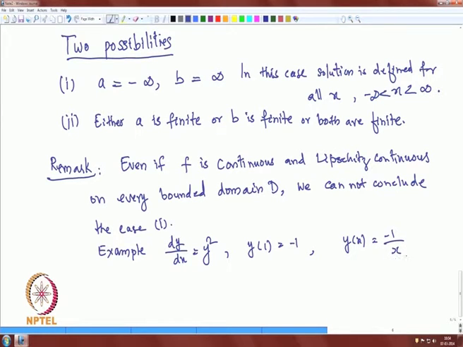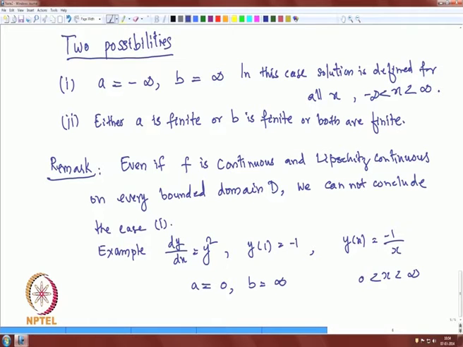The existence theorem says that the solution exists only in the interval 3 by 4 to 5 by 4, but we can now further extend to left and right, so that this solution is defined between 0 and infinity. So, what we have here in the above two possibilities is A equal to 0 and B is infinity.